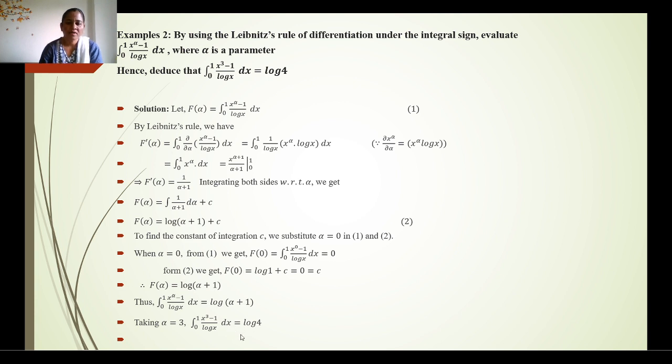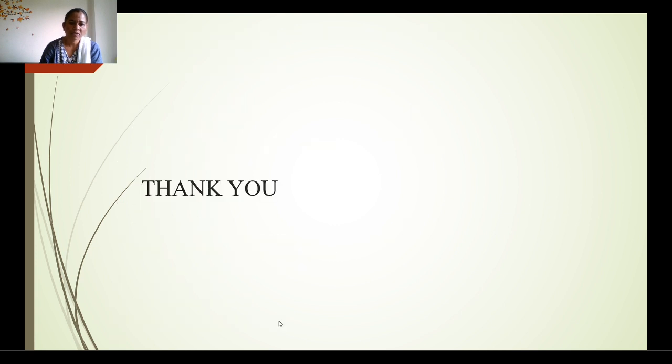This is the required result. Here we can see that we have two results. This one is the solution. From the solution we deduce, we prove that the given LHS is equal to RHS, that is log 4, the required result. Thank you.